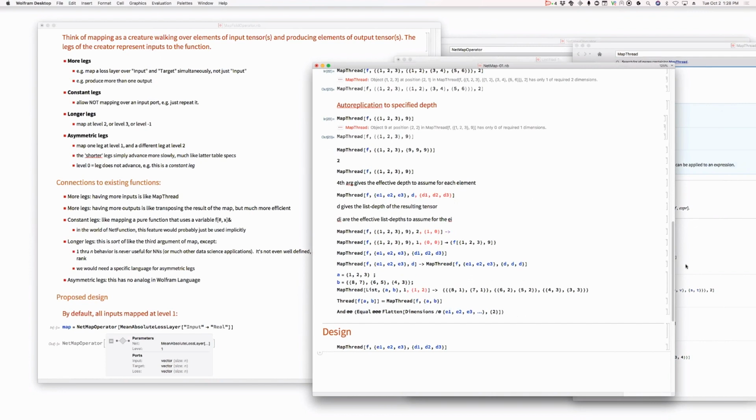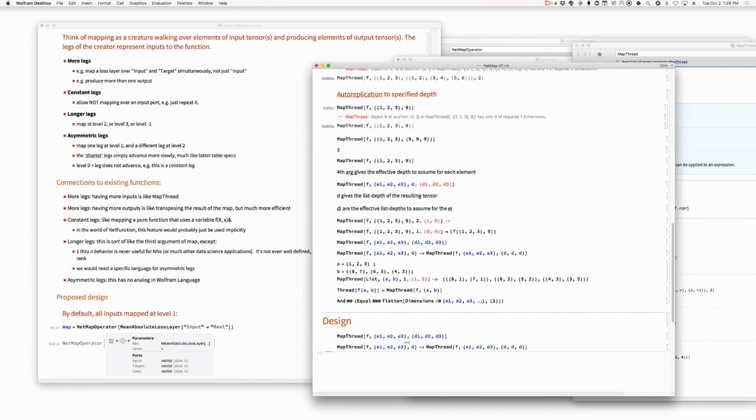I'm going to just revert to the language that I use internally in my brain to think about this, which is you're mapping a function across these different arguments simultaneously, but at different levels for the different arguments. Those D sub I are the different levels. It's how deep you go into each of those E's to accomplish the mapping.